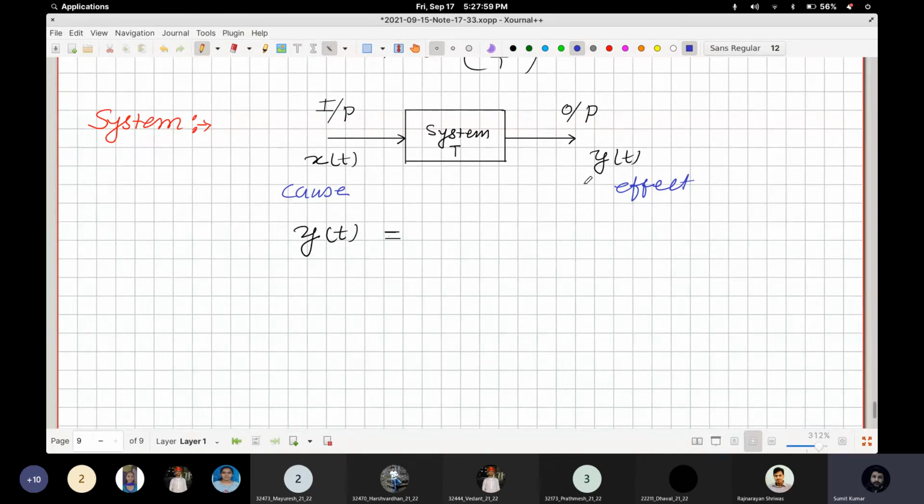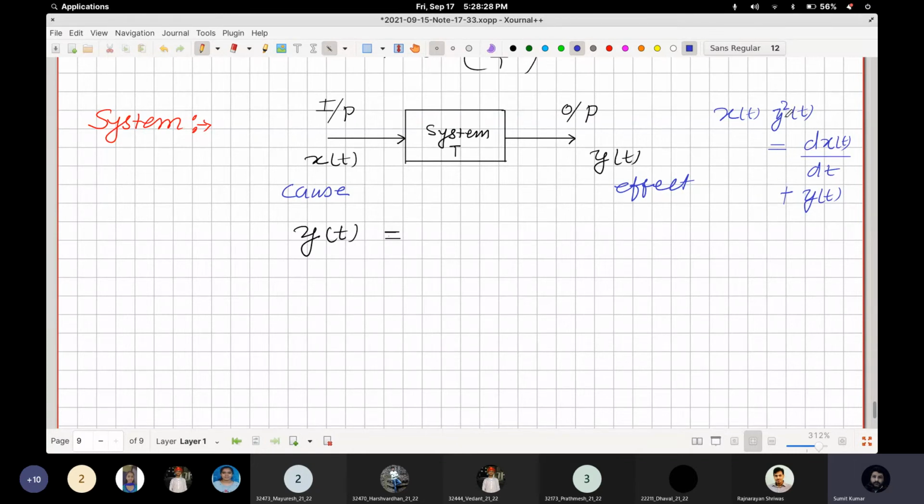And this relationship may or may not be explicit. It may be an implicit relationship. For example, you can have x(t) y squared(t) equal to dx(t)/dt, and then some y(t) here, something like that. You see that this is an implicit relationship, you cannot really separate them.